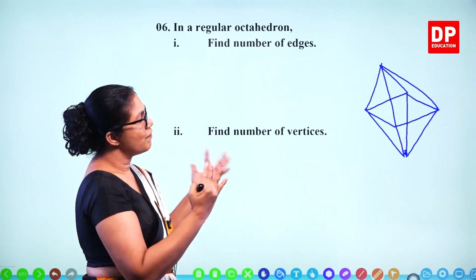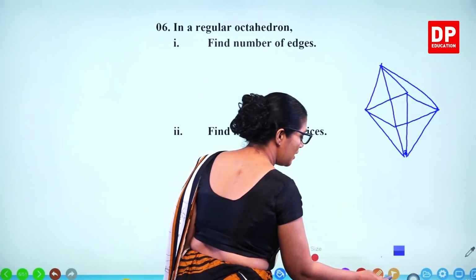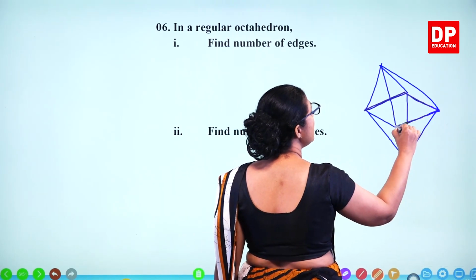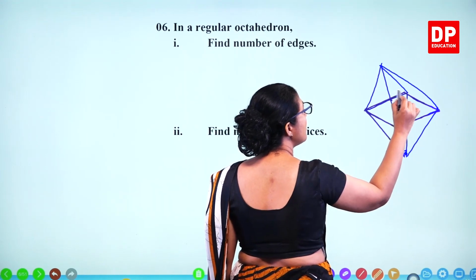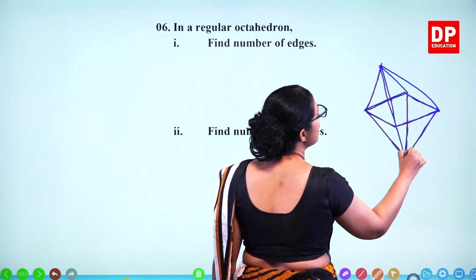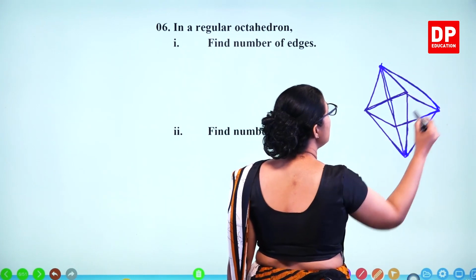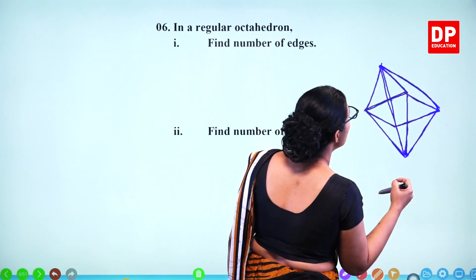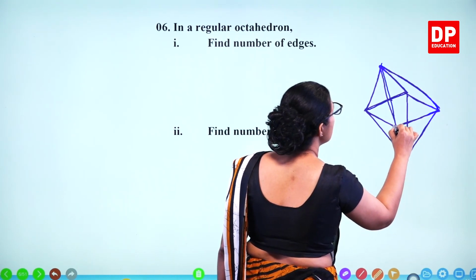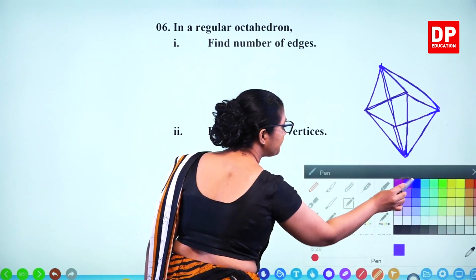So you get 8 faces. So how many edges are there? You can just count them. 1, 2, 3, 4, 5, 6, 7, 8, 9, 10, 11, and we missed out 1. What about this one? 12. So 12 edges are there.